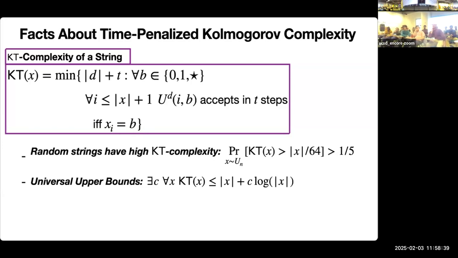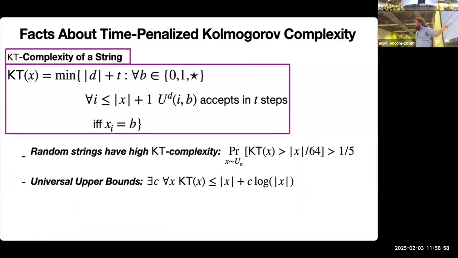It also has universal upper bounds. This comes to memorization. This is the cost of memorization. So there exists an absolute constant C. Here I'm eliding the choice of universal Turing machines. Please do not worry about that. This isn't that kind of talk.